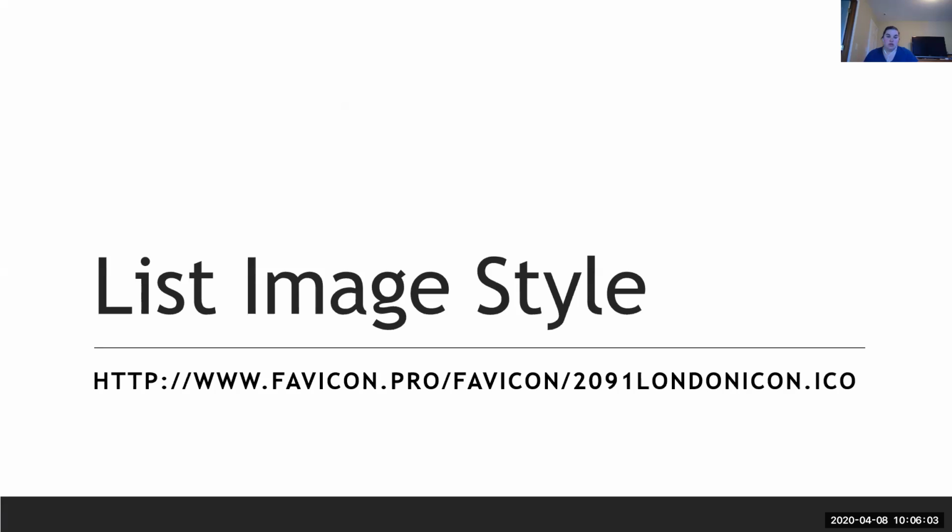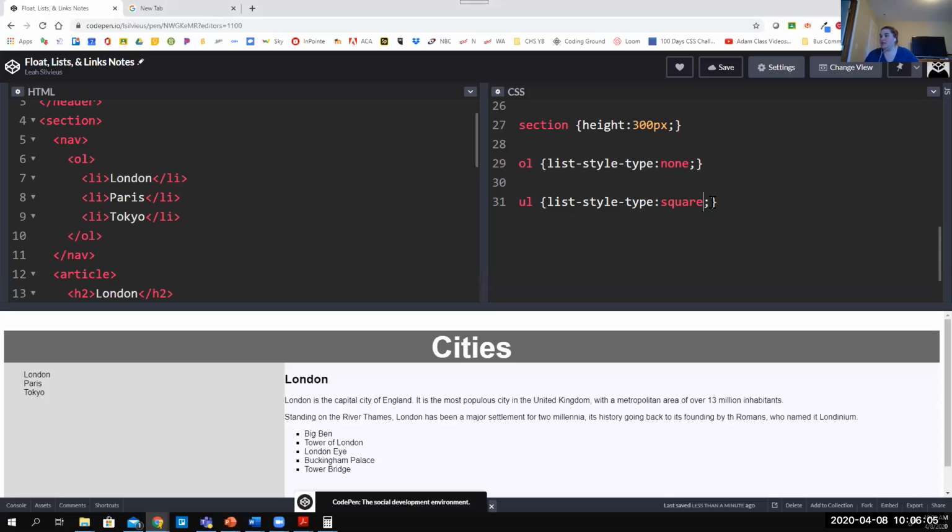So what we're going to do is we're going to go ahead and adjust this. Instead of list style type, we're going to do list style image for our UL. And instead of square, I'm going to type URL, open parentheses, and you'll see that it'll automatically close my parentheses in CodePen. Open quote or apostrophe, because it's not actually a quotation mark, it's an apostrophe in this case.